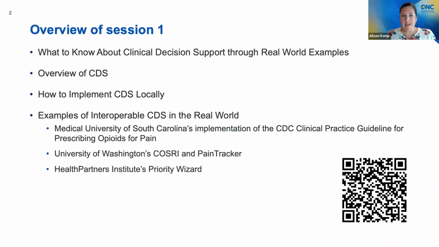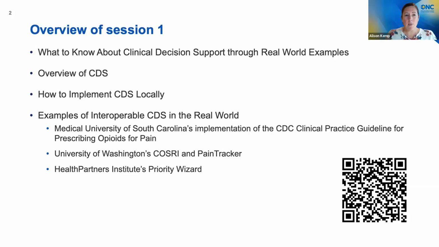I wanted to start today's presentation with an overview of the previous two sessions. Our first session this year, in June, was what to know about clinical decision support through real-world examples. In that session, we covered an overview of clinical decision support. We had a discussion on how to implement CDS locally.